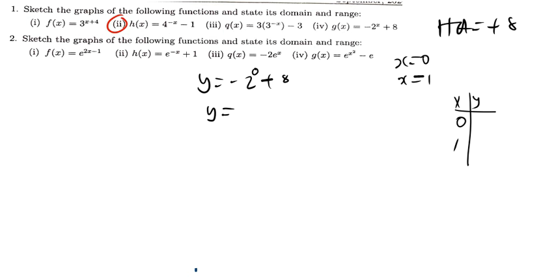Meaning I'm going to have negative 1 plus 8. So negative 1 plus 8, I'm going to get 7. So here I'll put 7. If I put 1, it's going to be negative 2 plus 8, which is 6.